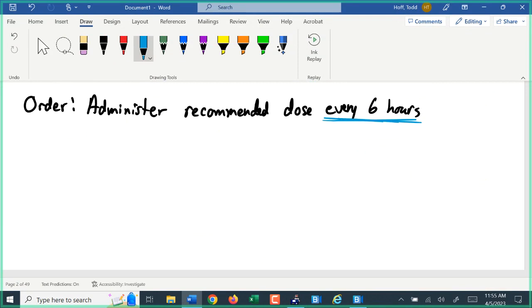They want this patient to receive medication every 6 hours. We need to make sure that matches up with the recommended safe dosage for this medication when we look it up. If it does not match up, we need to make sure that we can adjust that. So we look up the recommendation.